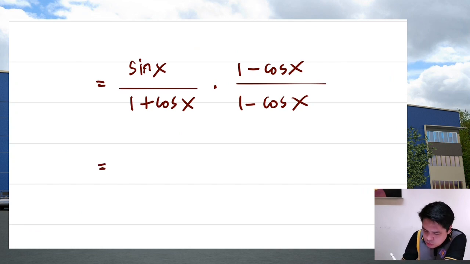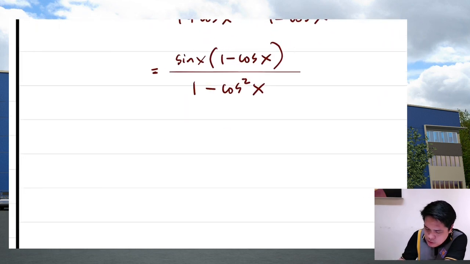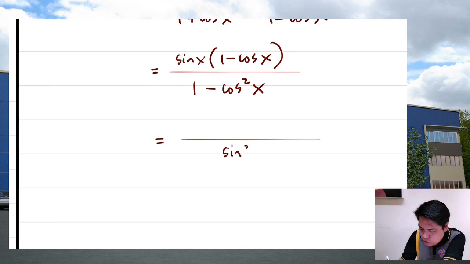So, the numerator becomes sine x times 1 minus cosine x, then divided by, this becomes 1 minus cosine squared x. And by Pythagorean identity, the denominator is just equal to sine squared x. Di ba? Pythagorean identity, if you recall. Then how about the numerator?